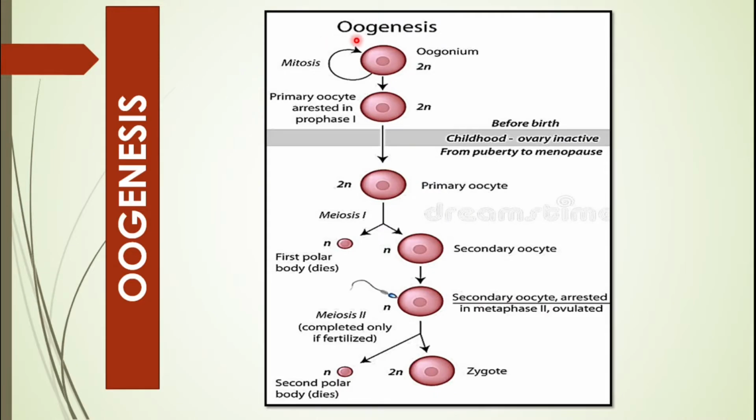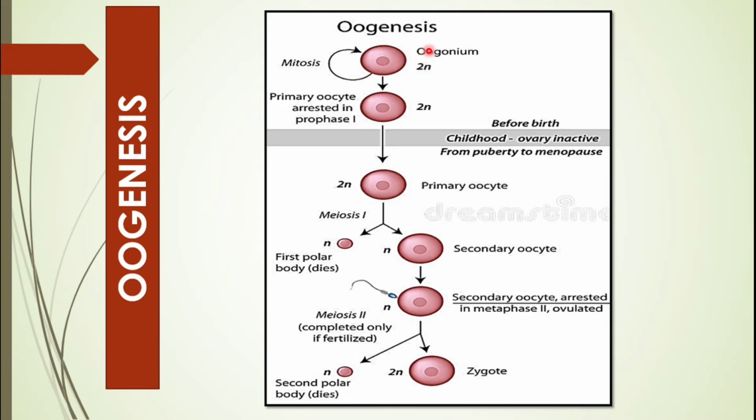Let us first study oogenesis. Now, typically speaking, oogenesis can be studied under three major phases. The first phase is the multiplicative phase, which happens before birth. We have already learned how the ovarian follicle develops in a female right from the 25th week of fetal development.